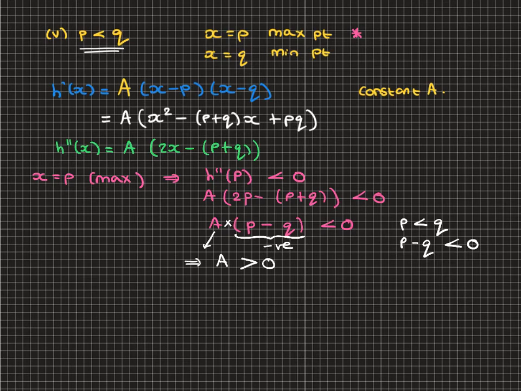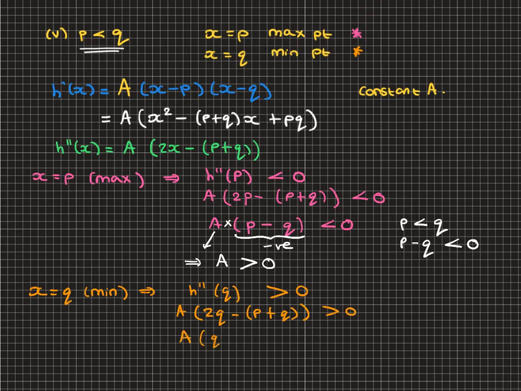Now, does that match what we get when we look at the other point over here, the minimum point? So when x equals q, because we have a minimum point, this tells me that h double dash of q must be greater than 0. So a bracket 2q minus p plus q must be greater than 0.